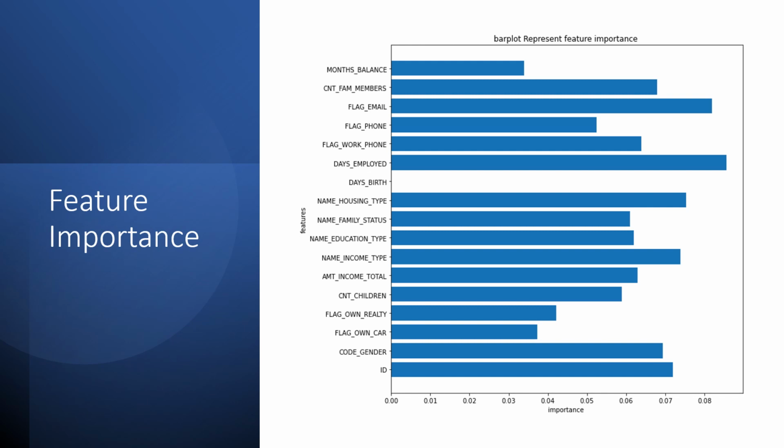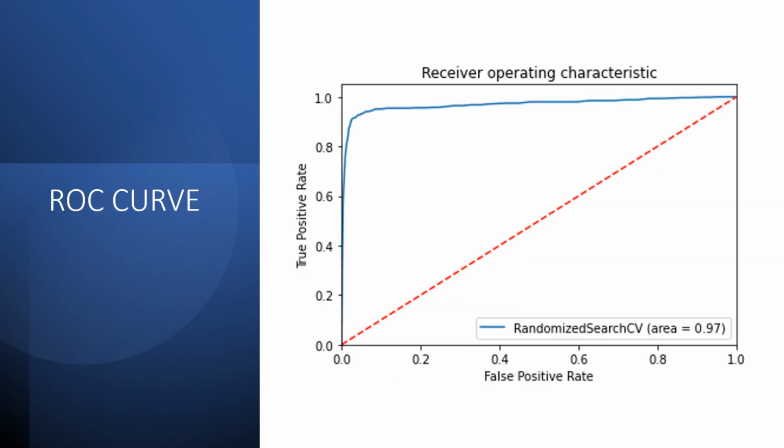And coming to this, it's the feature importance, where I got the graph. In this, I got days employed as the most affecting feature. And coming to this, it's an ROC curve.